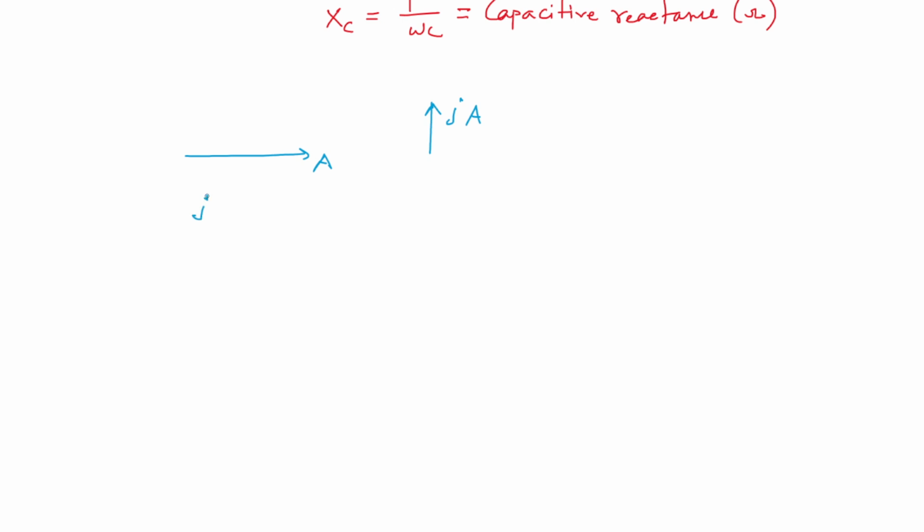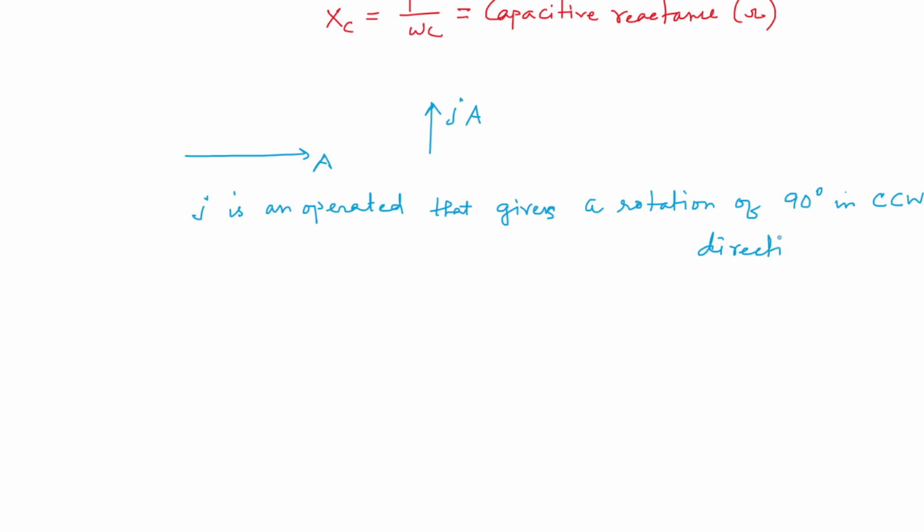That means j is an operator that gives a rotation of 90 degrees in the counterclockwise direction.